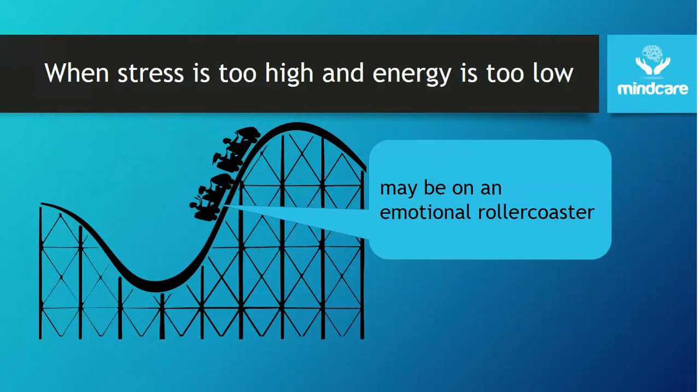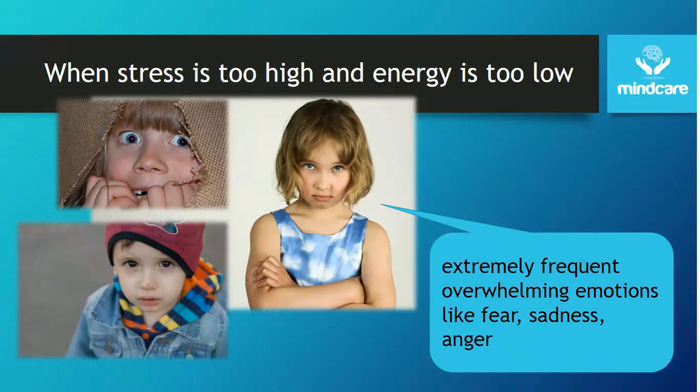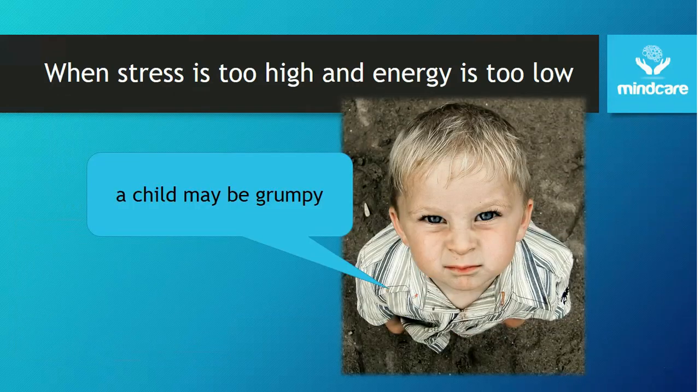And this is also a difficult part for the parent to understand what is really happening. It's a stress behavior. When the child is extremely overwhelmed by emotions like fear, sadness, anger, or they last a long time, it's also stress. Being grumpy, it's also stress.